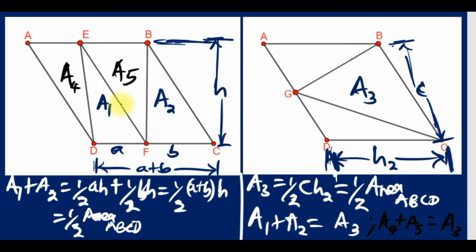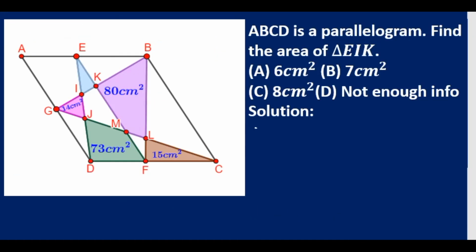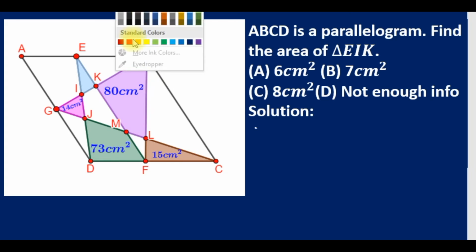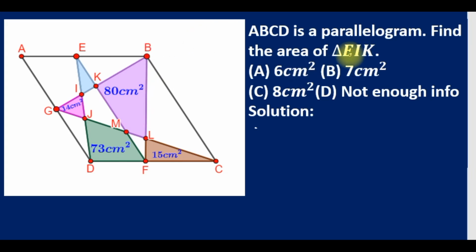So let's go over to the equation. We are given this and we are asked to find the area of this triangle EIK. So let's call it A, small letter A. Remember the two triangles.